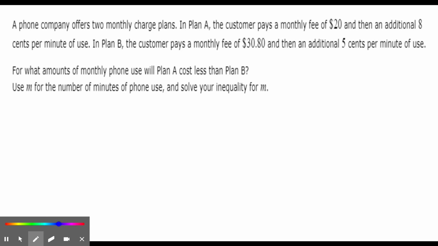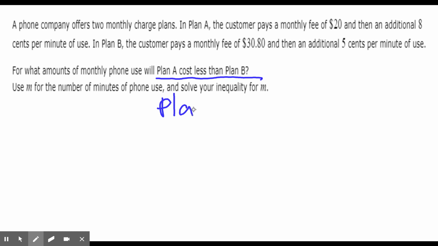Use M for the number of minutes of phone use and solve your inequality for M. So we are solving for Plan A costs less than Plan B. Go ahead and solve.